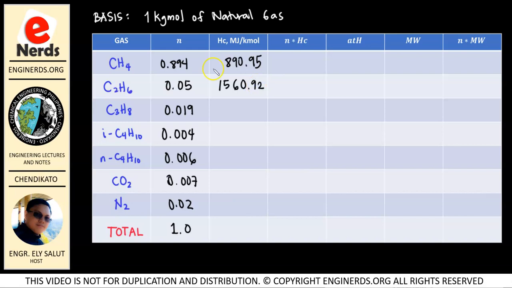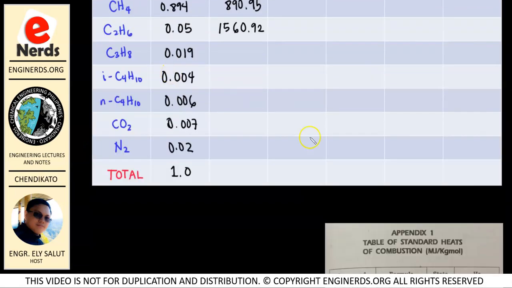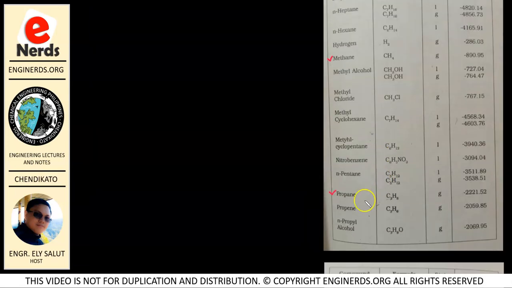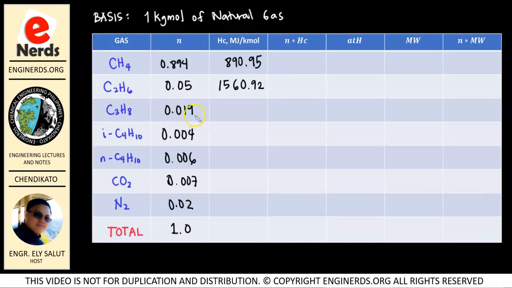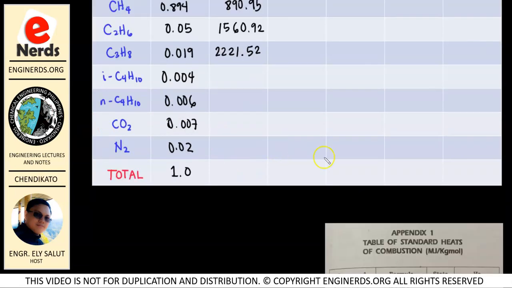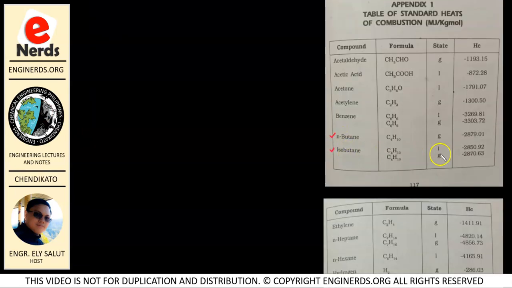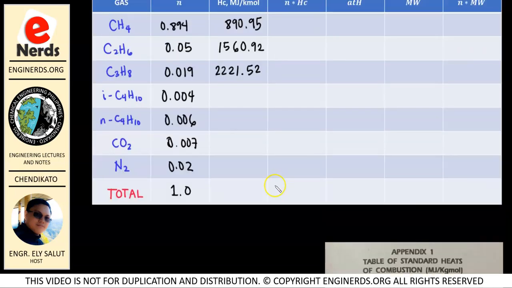For our propane, C3H8, gaseous form, 2221.52. And for our isobutane, which should be in gaseous form, we have 2870.63.